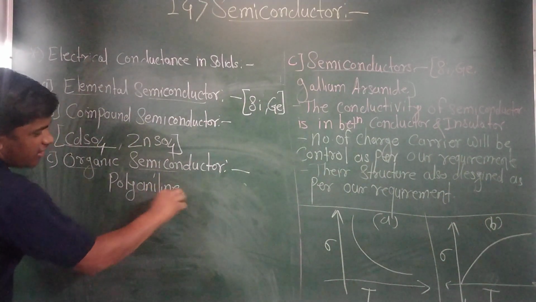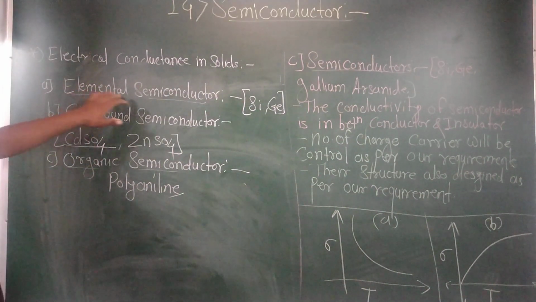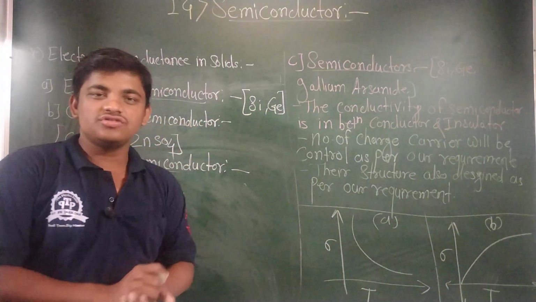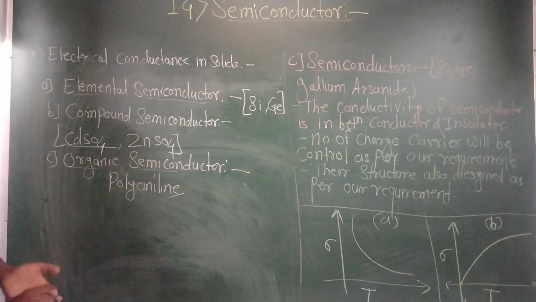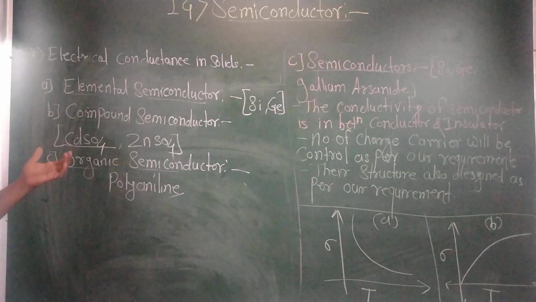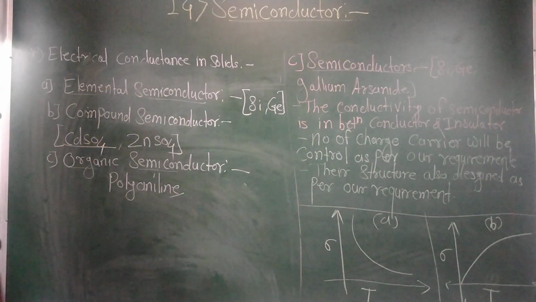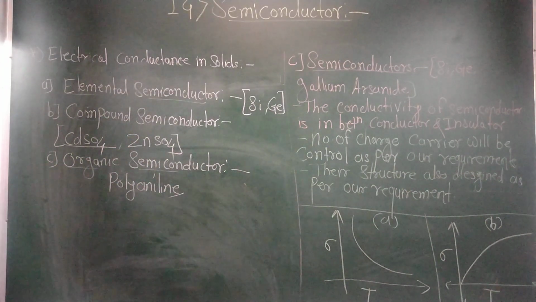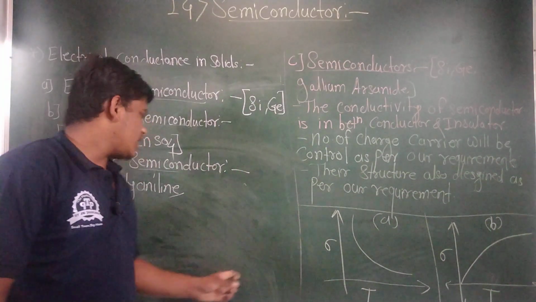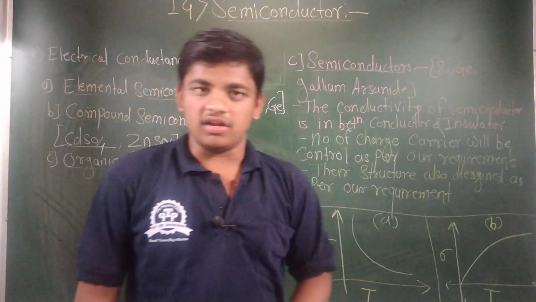In the chemistry lab, in elemental semiconductors we just use silicon and germanium. In compound semiconductors we combine two or more elements or atoms; cadmium sulfide is one example, another is zinc sulfide. In organic semiconductors, polyaniline is one of the examples.